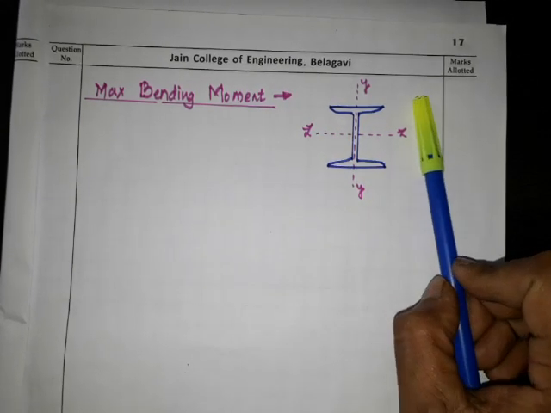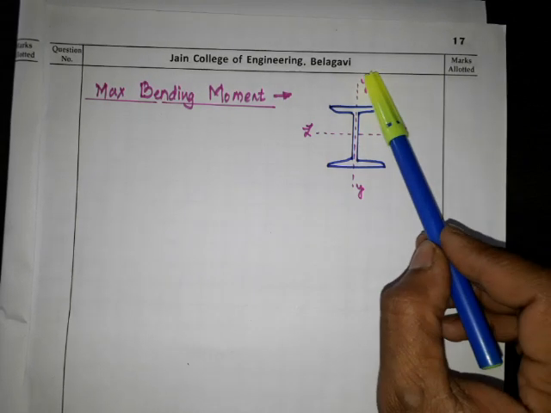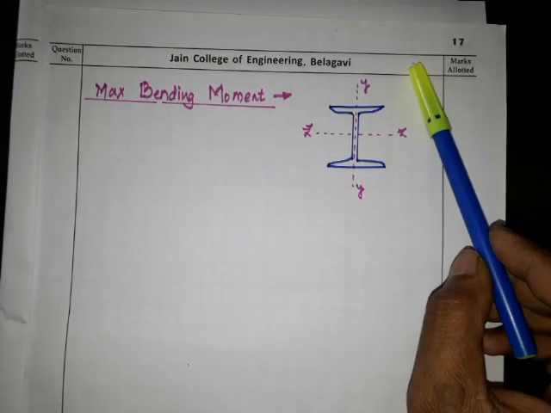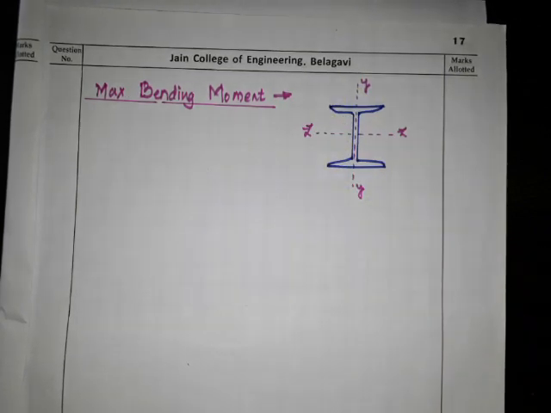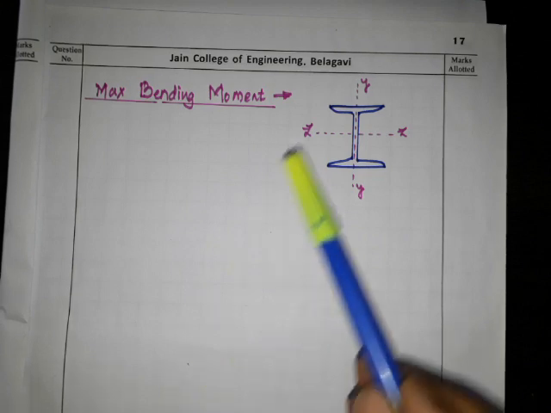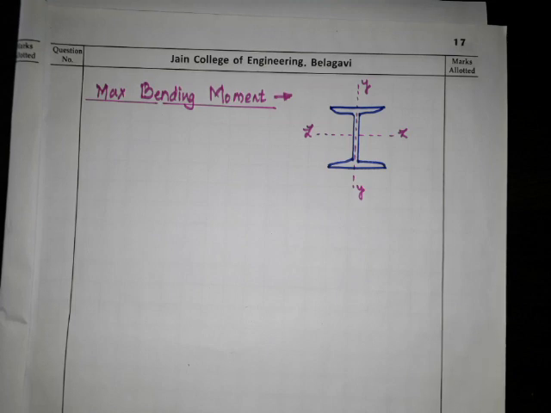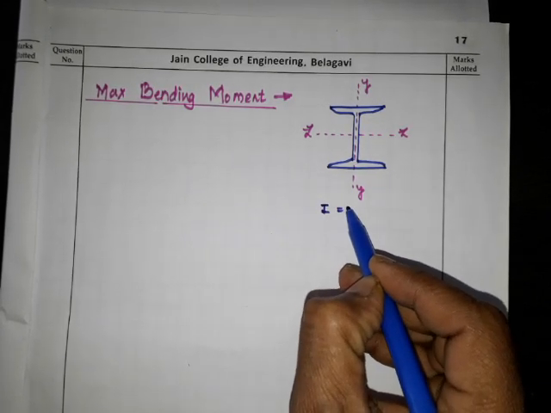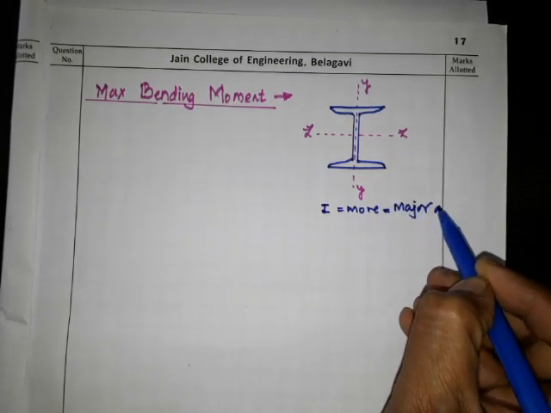Now here we are not considering the X axis, which is not required here, but the other two axes, the vertical axis YY and horizontal axis ZZ, are very important. Which one will be the major axis and which one the minor axis is very important. Generally the axis about which the moment of inertia I is more is called the major axis.